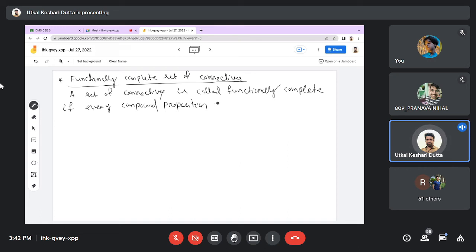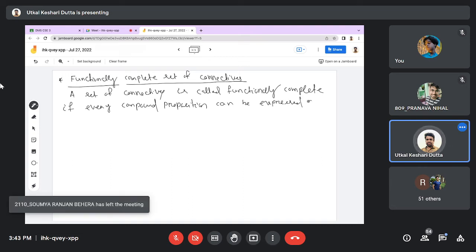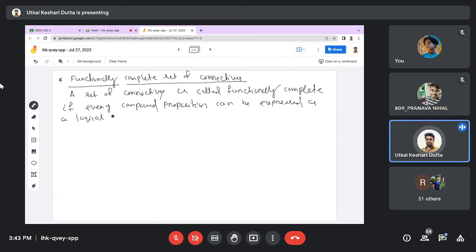Every compound proposition can be expressed as a logical equivalent proposition involving only these logical operators or these connectives.